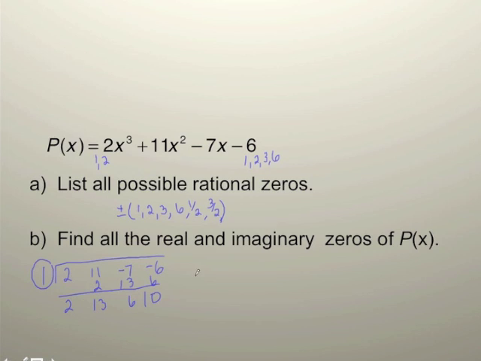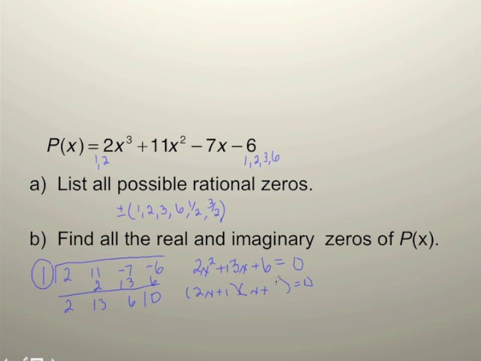Now, since this is just 3 terms, it means it's 2x squared plus 13x plus 6 equals 0, and I'll see if I can factor that. 2x and x. These signs need to both be positive.